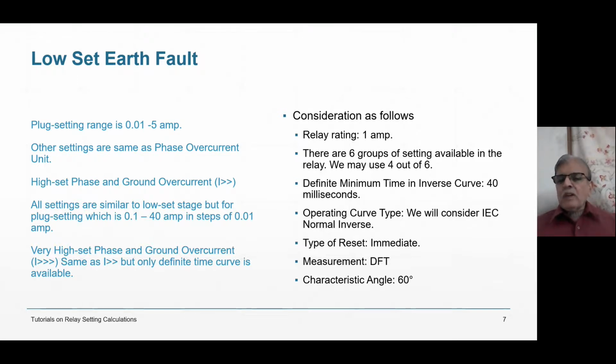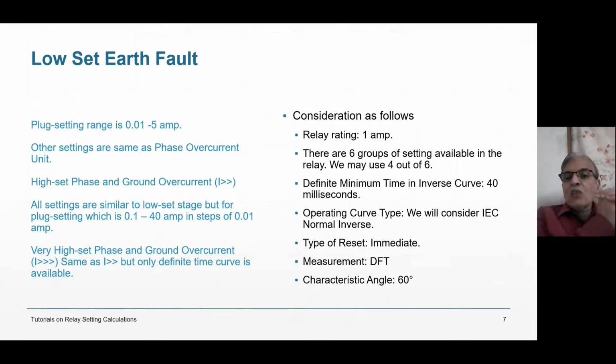There are 6 groups available in our relay, but we have only 4 possibilities: 2 lines and 2 generators on; 2 generators on but 1 line off; 2 lines on but 1 generator off; and 1 generator and 1 line only on. So we will use 4 different groups.